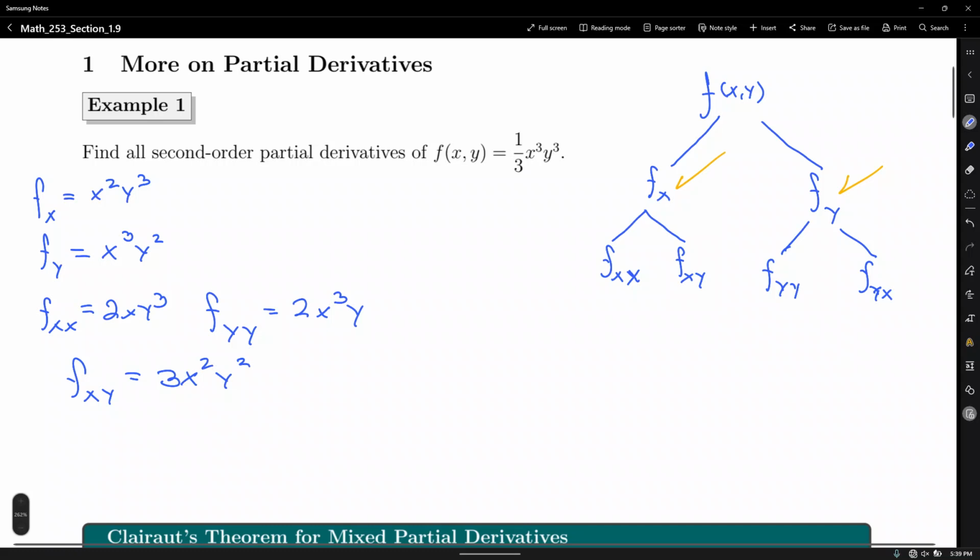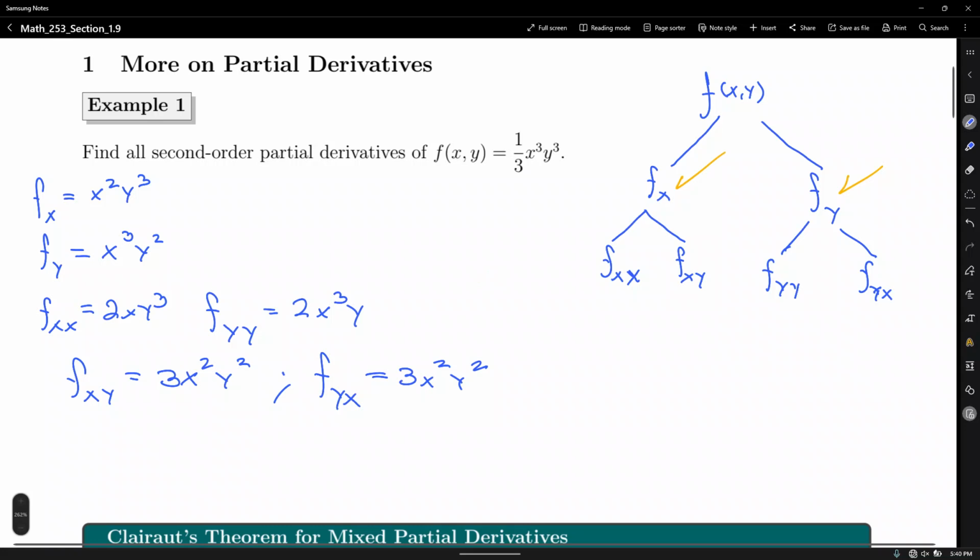Now, what about f with respect to y, then with respect to x? What we differentiated first with respect to y, we differentiate again now with respect to x. So that is differentiating x cubed with respect to x, which gives 3x squared y squared. What do you notice about these results? Do you notice anything interesting about these results?